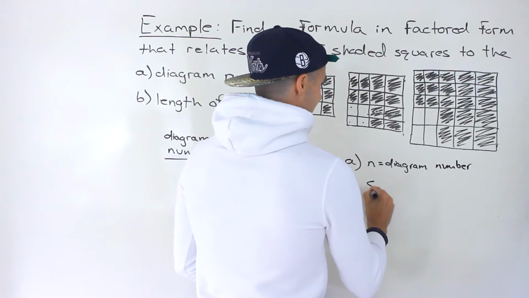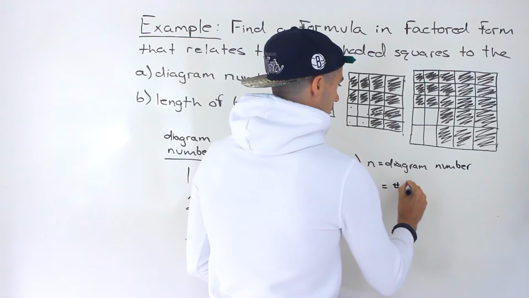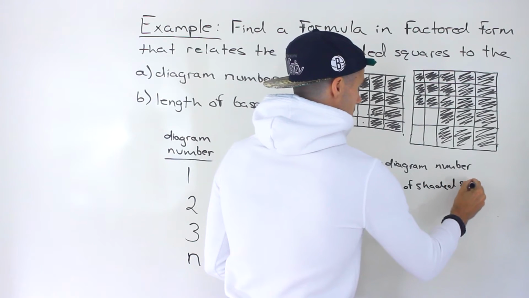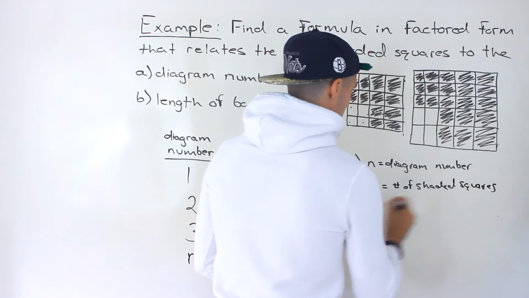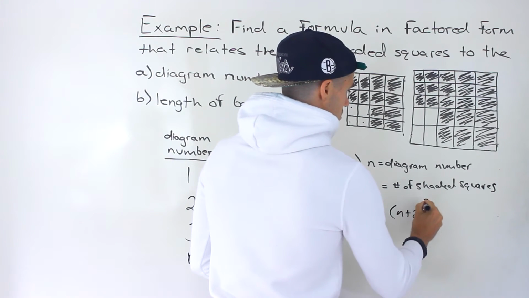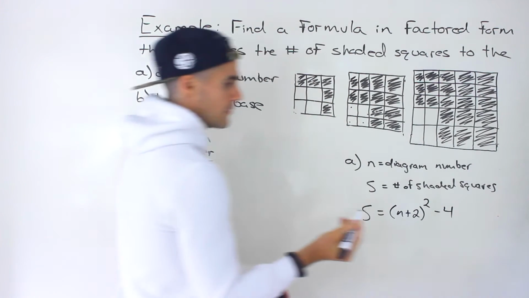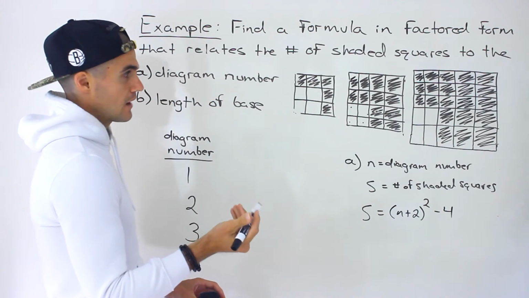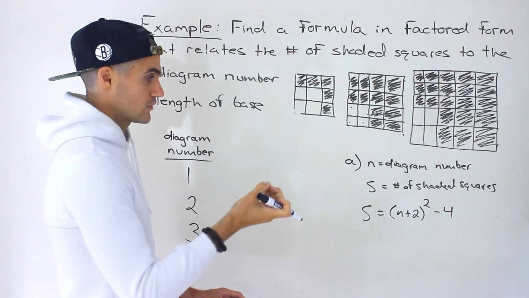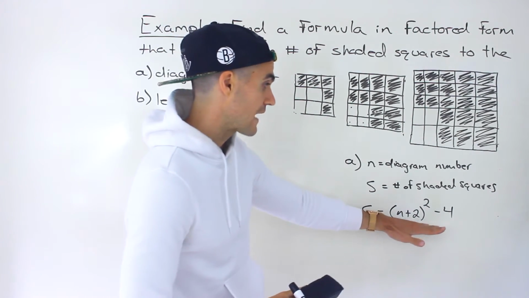And then we'll let s equal the number of shaded squares. And so the formula that we came up with was s equals n plus 2 squared minus 4, like that. Now what we have to do is we have to give the formula in factored form. So what we got to do is we got to factor this.